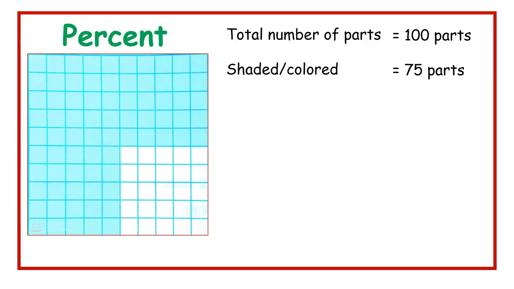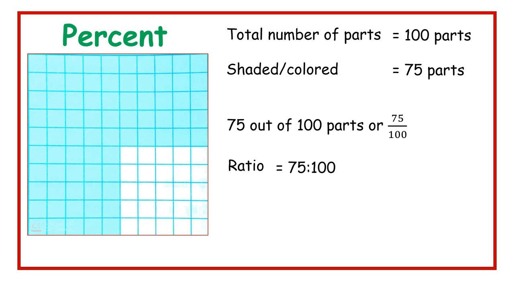So we say that 75 out of 100 parts, or 75 out of 100 as a fraction, is the shaded part.